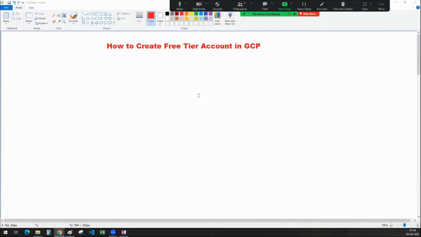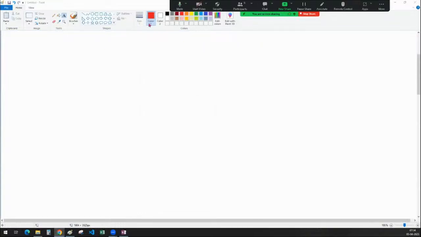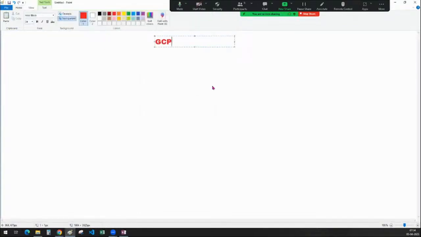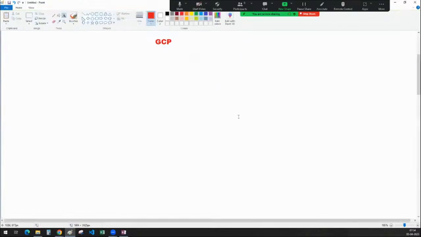First, let us understand what a Google Cloud Platform is, guys. So, what is GCP? Nowadays cloud platforms have become very famous because they are mainly responsible for cloud computing.